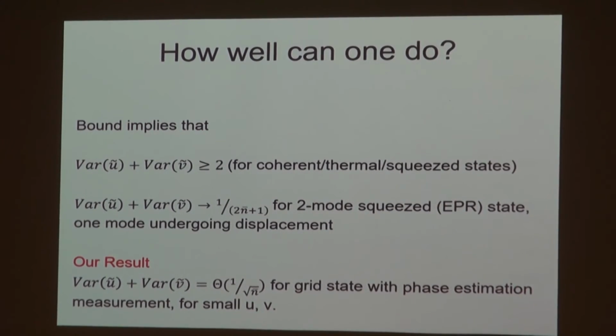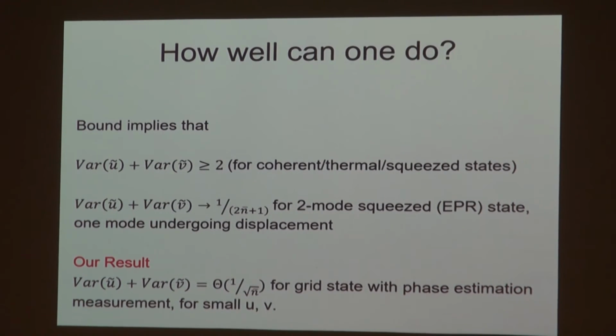But you can show this: the sum of the variances for any coherent, thermal or squeezed states, or any Gaussian state, is at least 2. This has been shown. And the idea is, of course, that if you have a coherent state and the displacement's big, it's easy to distinguish, right? But the point is now I'm talking about displacements that are very tiny, such that the shot noise in the coherent state prevents you from getting a very accurate measurement.